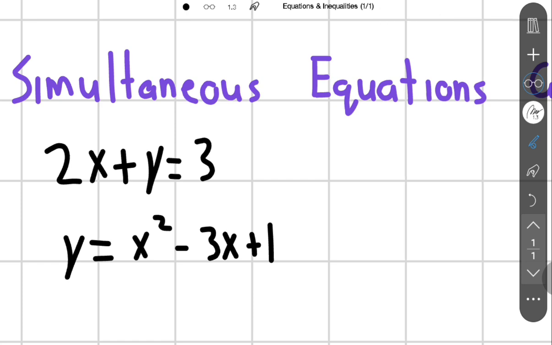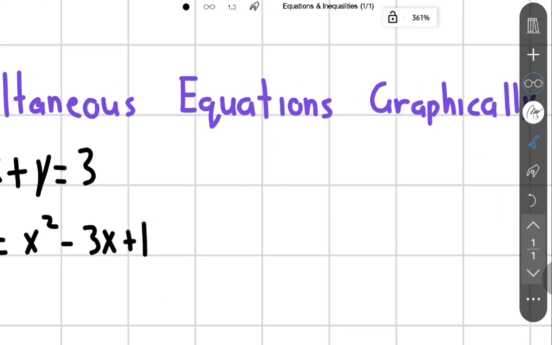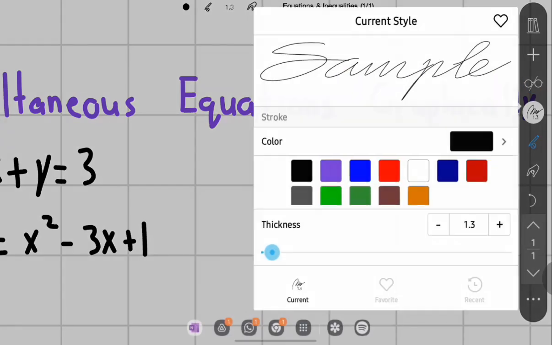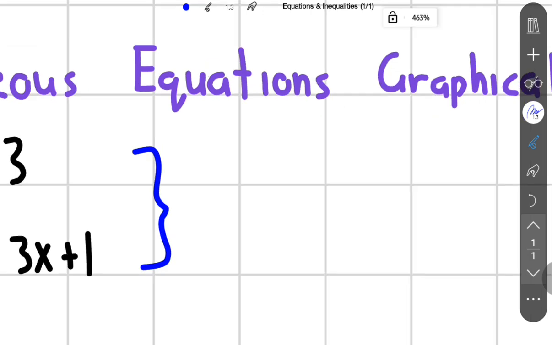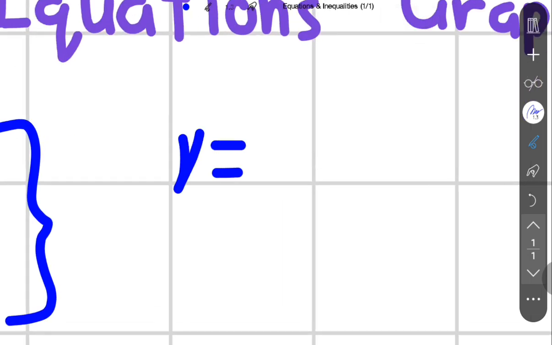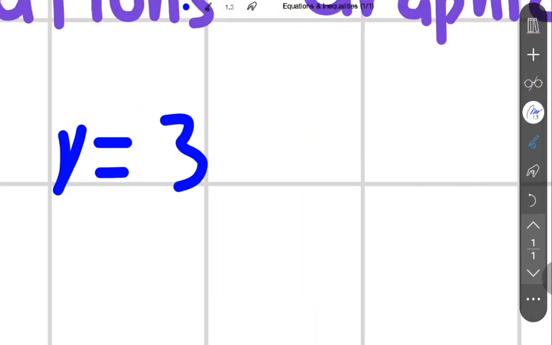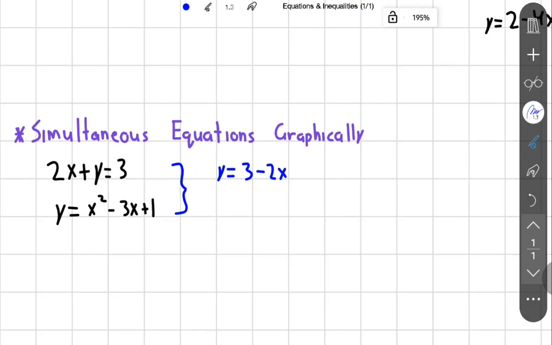So first of all, let's graph these two equations and see how many points of intersection there'll be. If I get the first equation to be the subject of y, we'll have y equals 3 minus 2x. This will basically have a negative slope, and the y-intercept will be 3.